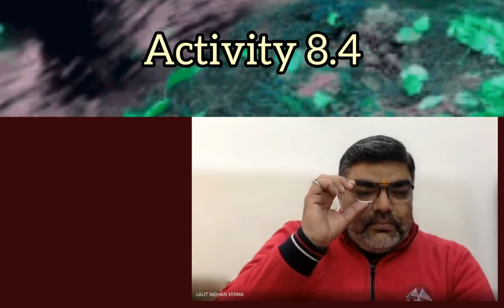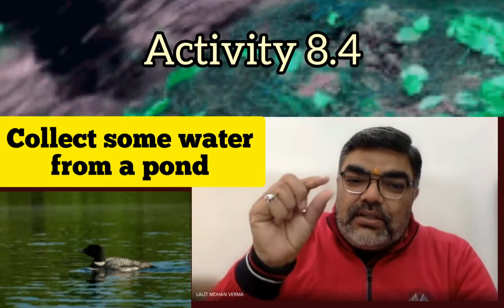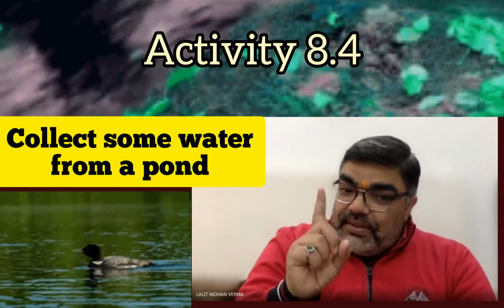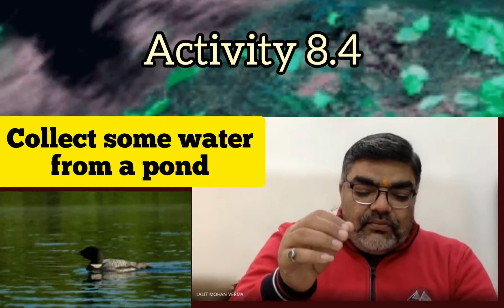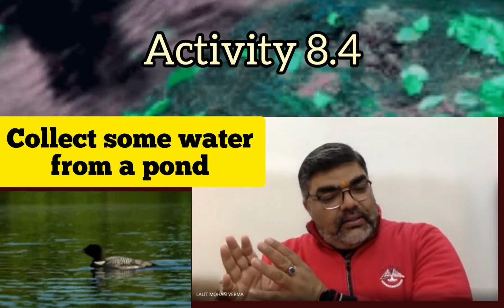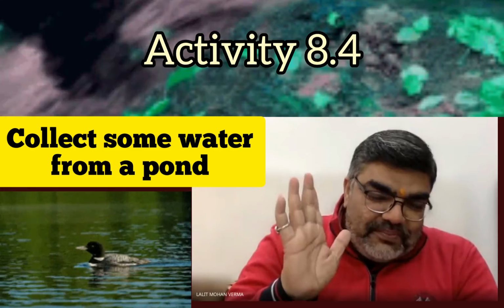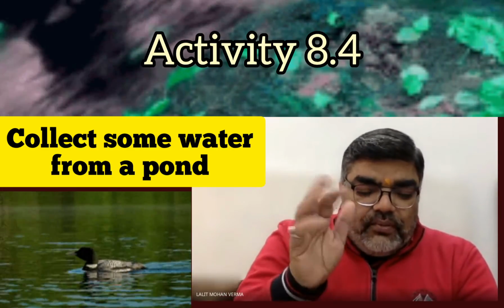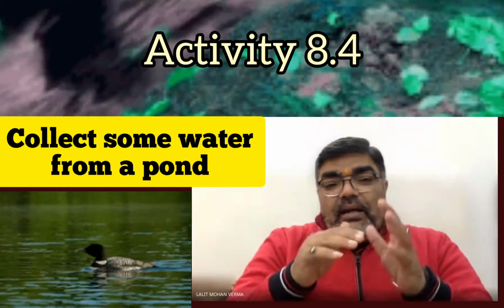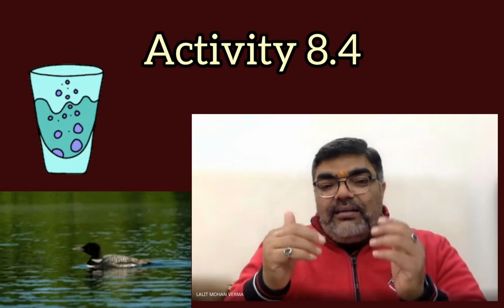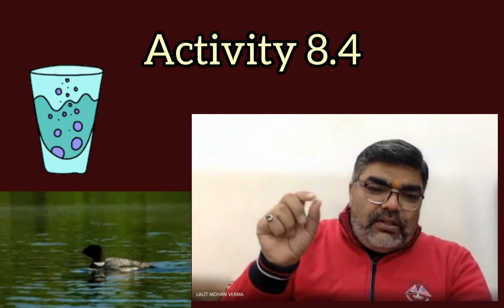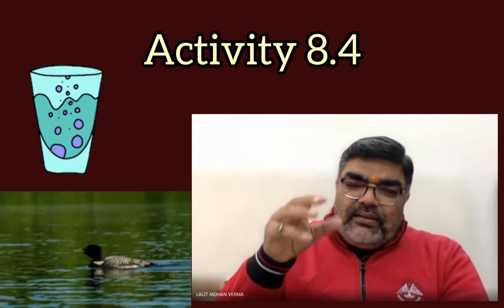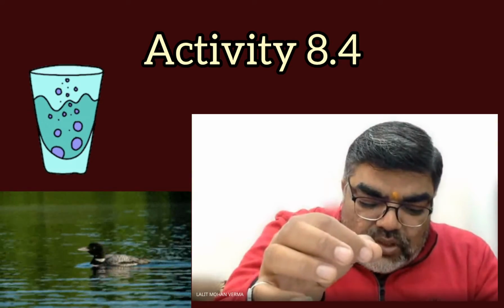First of all, collect some water. The first step: collect some water from a lake or a pond. Which type of water? That appears dark green. If the water somewhere in the pond is appearing dark green, collect some water.